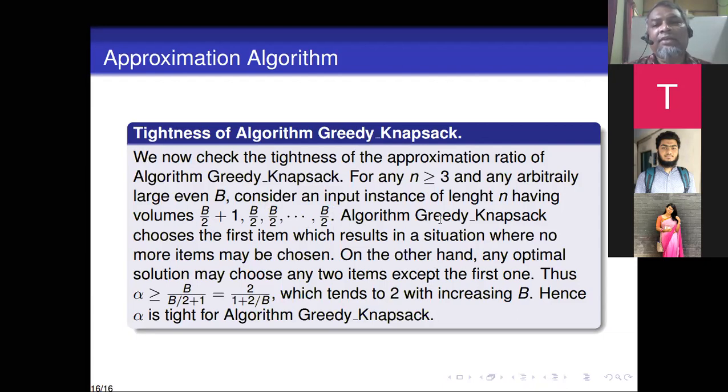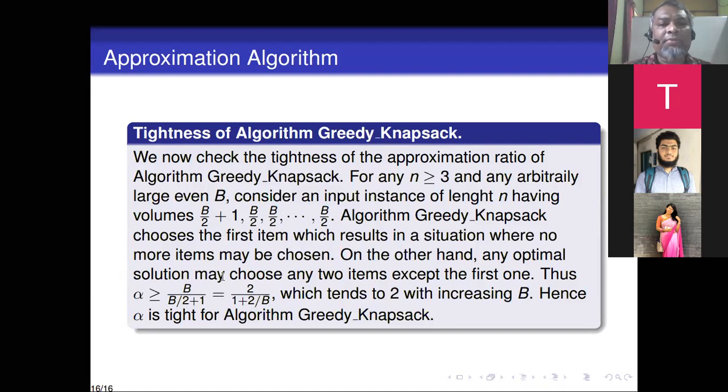Algorithm greedy knapsack chooses the first item, which results in a situation where no more items may be chosen. That means if this is the instance, the greedy knapsack will choose this one, and then the others cannot be fitted. No other item can be fitted in the knapsack.